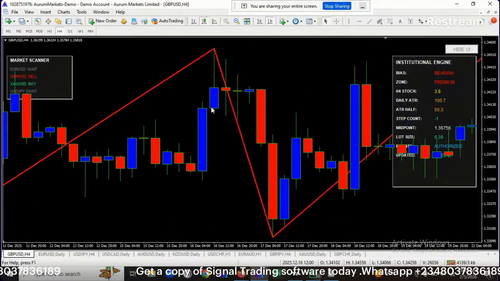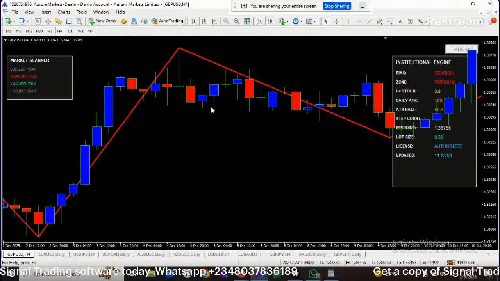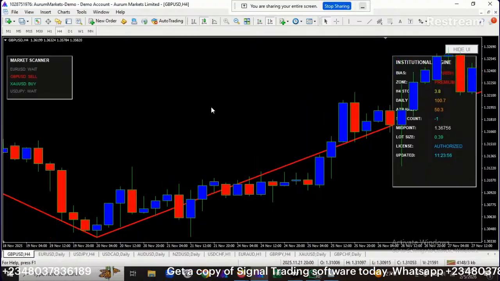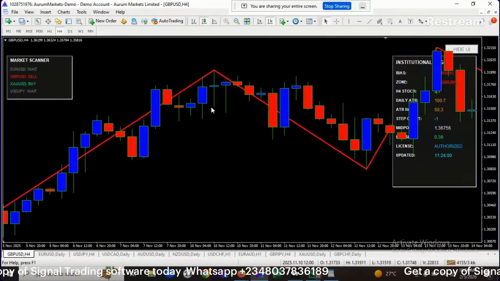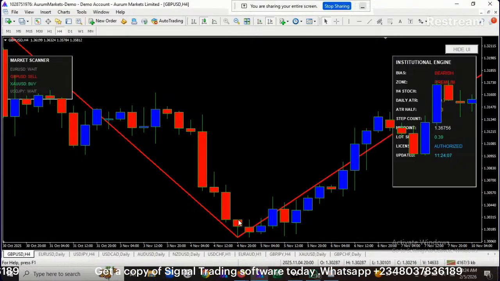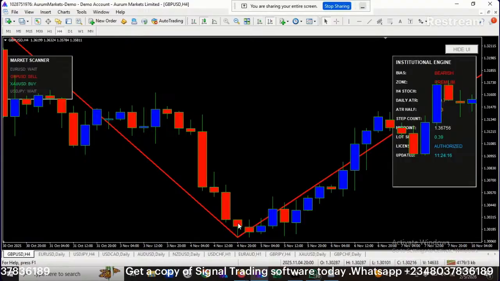Here is a hammer. One more, two more examples. So you can see here also we had a hammer. This is a valid hammer. This hammer does not have a wick above it. This is a valid hammer candle.